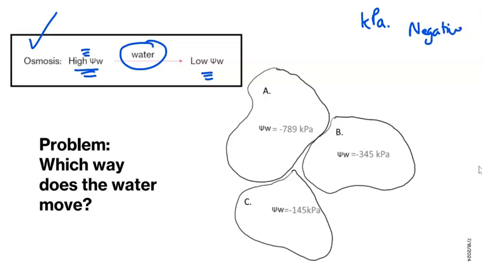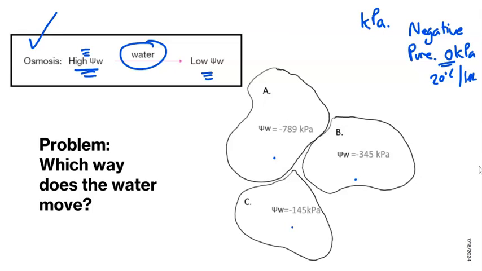Now the reason for this, if you recall, is that pure water with no solute has 0 kilopascals at the 20 degrees centigrade and the 1 atmosphere of pressure. So what this is telling us is that these 3 cells have less water potential than pure water. In other words, they have substances dissolved in their cytoplasm.